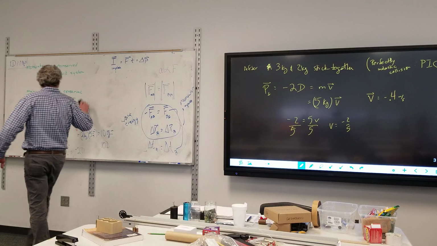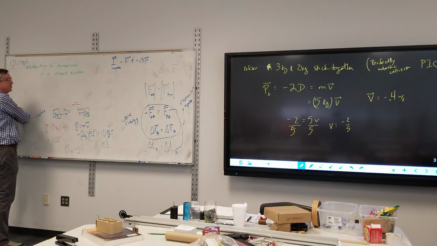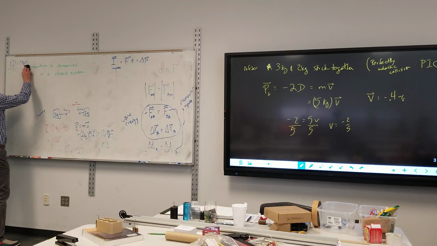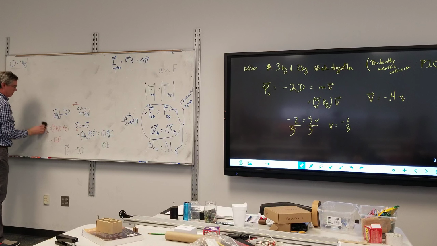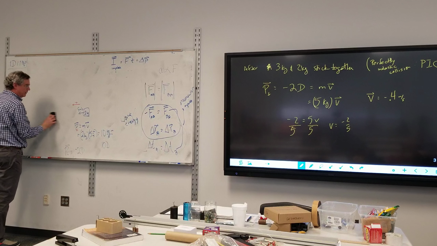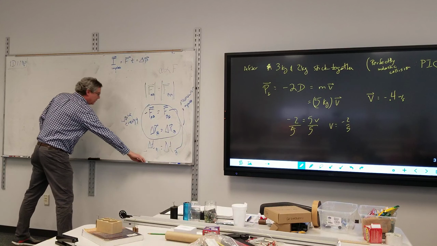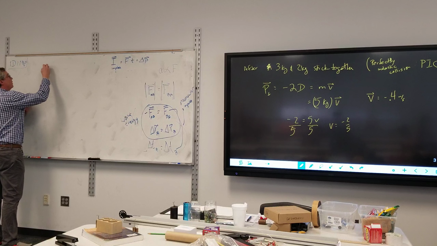Let's get rid of some of the stuff. And by the way, it's a closed system because it's just these two objects. There's no mention of any planet. It's just these two objects heading towards each other. So we'll start out again, and I've got my 3 kilogram object moving to the right at 4 meters per second.